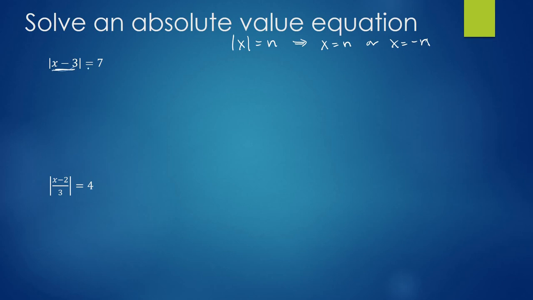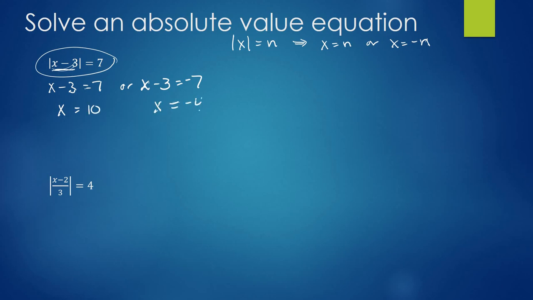That expression is located 7 units from the origin, which means it's either at 7 or it's at -7. Okay, so again, the absolute value is a shortcut way of writing this two-part equation. So x equals 10 or x equals -4.